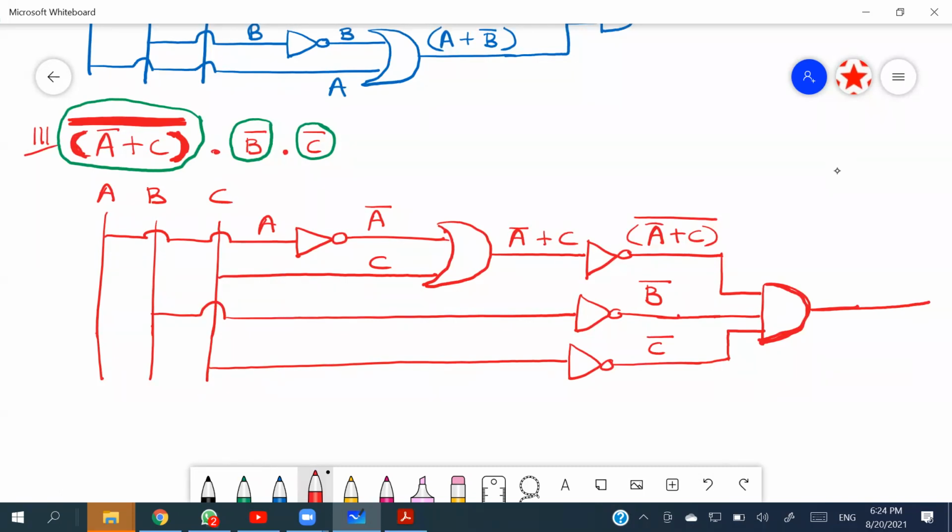At the final output, it's better you write the answer like this. For other things, you really don't need to, right? Just draw the circuit, that's all. By 6:28, I'm going to draw the answer for the fourth question, right?